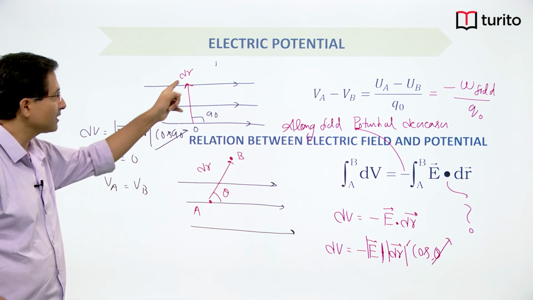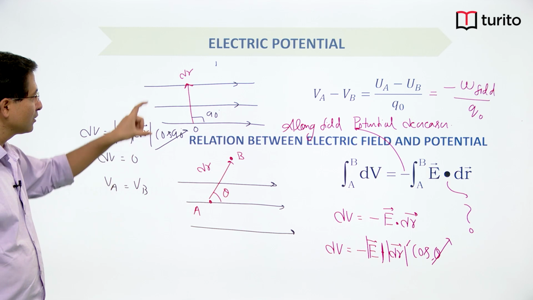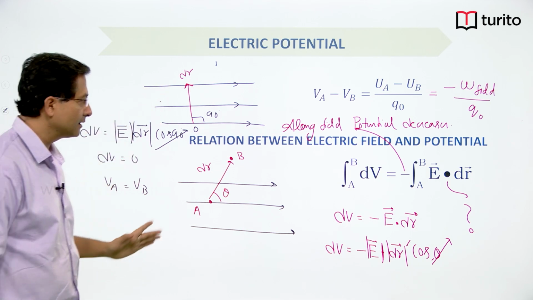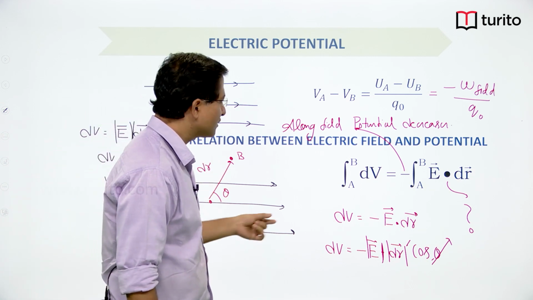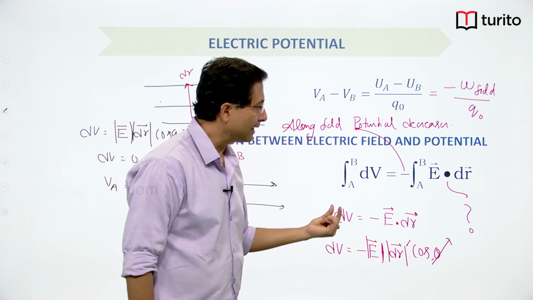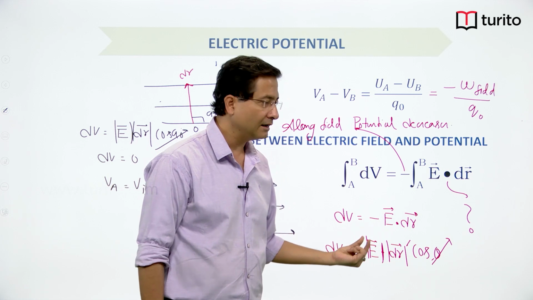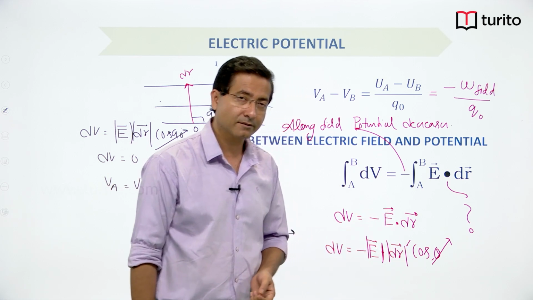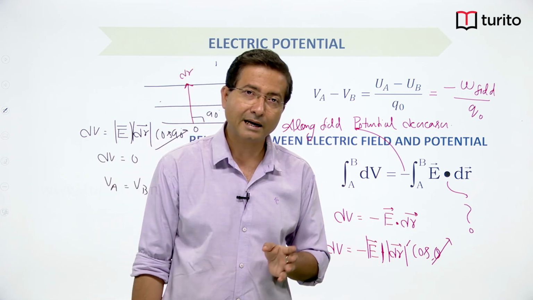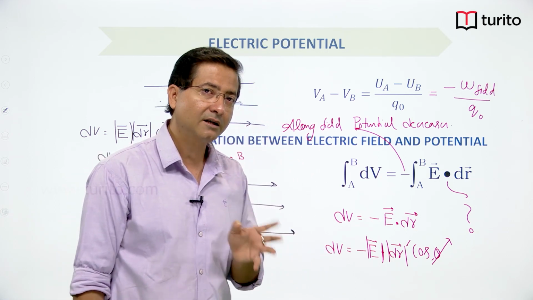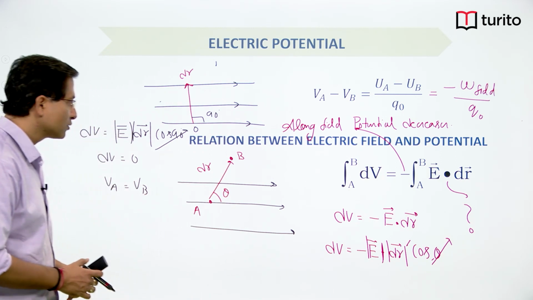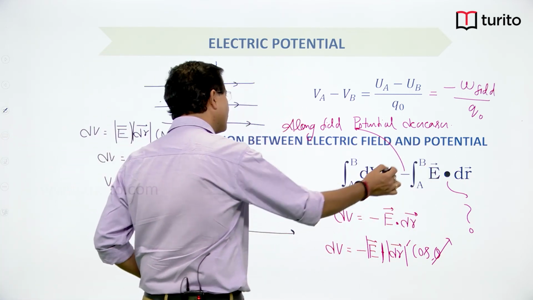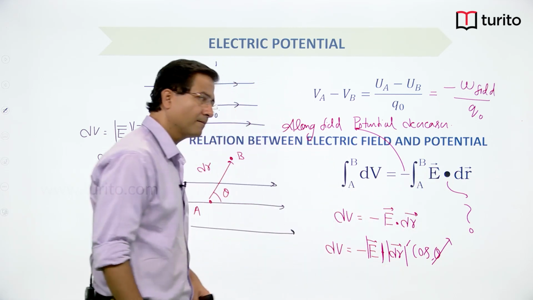Here the potential will be the same, right. So, these 2 points will have the same potential, right. How much difference you are going to get depends on the intensity of the field, and that also depends on the way you are moving in space. That means the angle made by the dr vector with the E vector, right. So, I hope everything related to this formula is clear, right from this minus to this dot product.